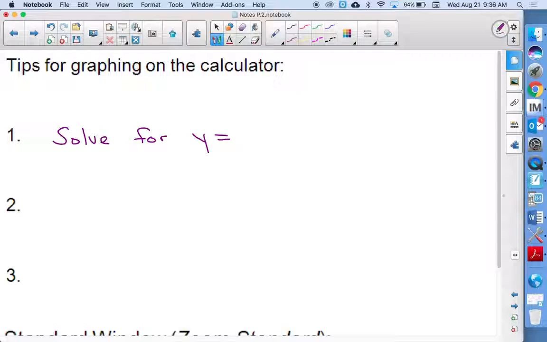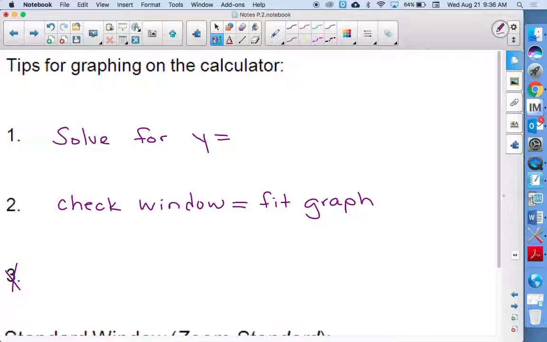And then the other one would always be, I'm going to cross off 3. You would want to check to make sure that your window fits the graph. So you want to make sure that the important parts of the graph are in that calculator viewing window.